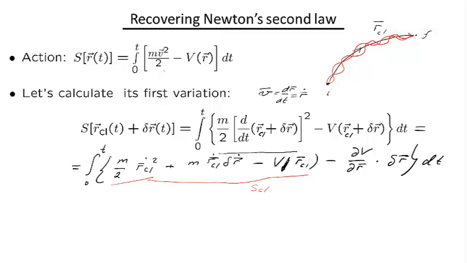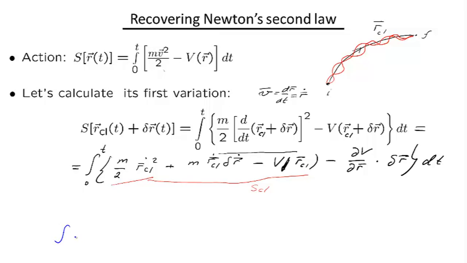Remember, what we want is not the classical action itself, but in some sense the derivative of the action, something which is proportional to this dr. So the only term which is non-trivial is this guy, and it can be further simplified by using integration by parts. Just to remind you, many of you have seen it before.